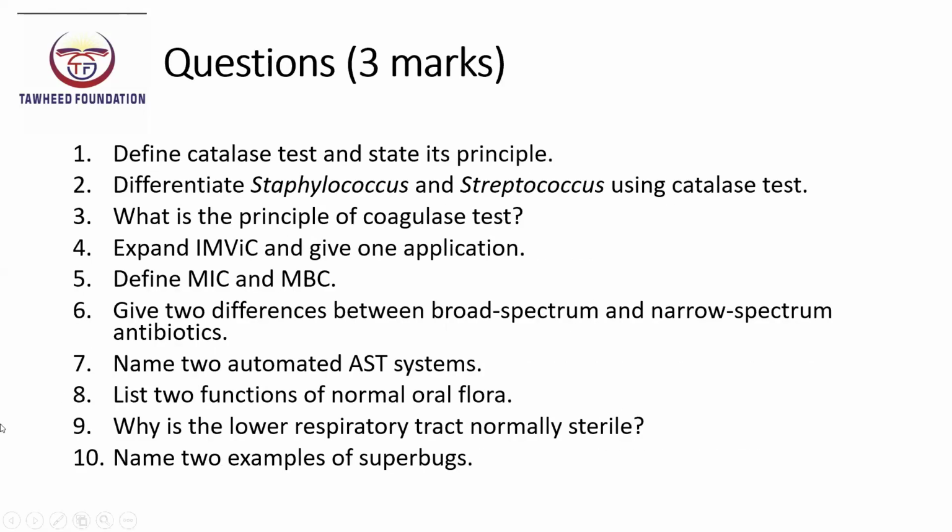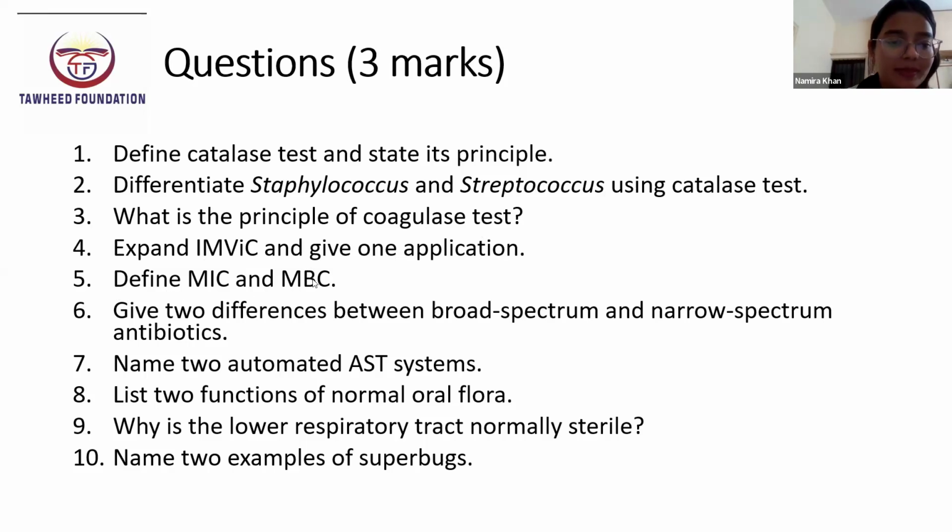For the question part, 3 marks. First, define catalase test and state its principle. Second, differentiate Staphylococcus and Streptococcus using catalase test. Third, what is the principle of coagulase test? Fourth, expand indole, methyl red, Voges-Proskauer, citrate and give one application of each.